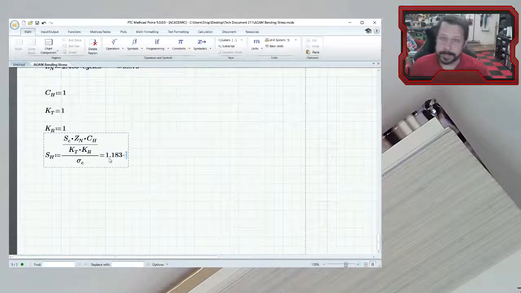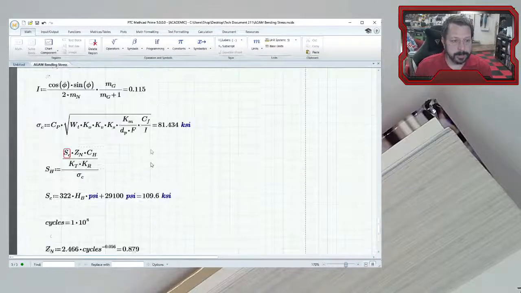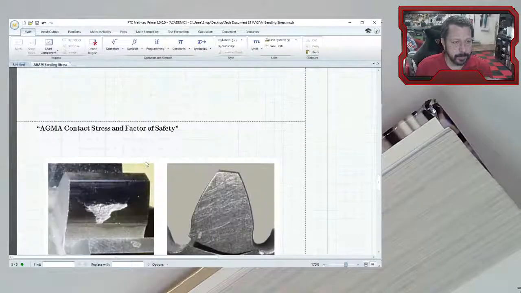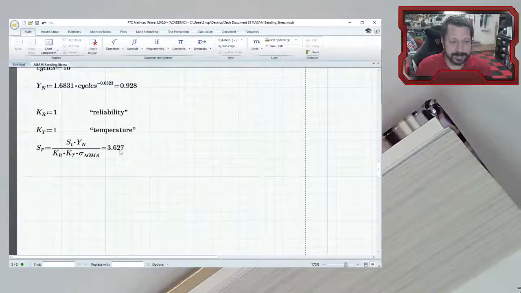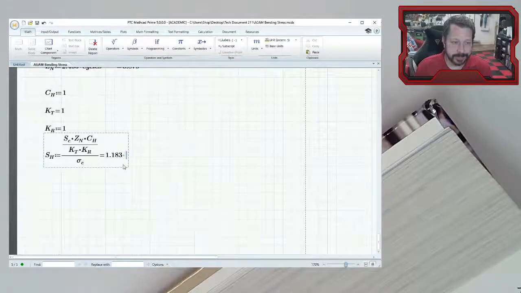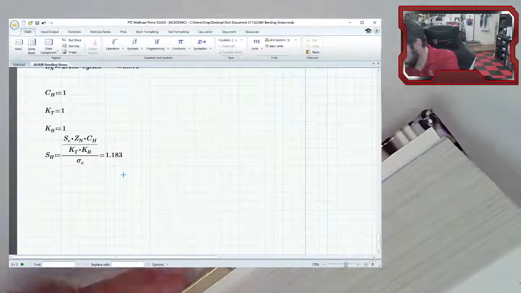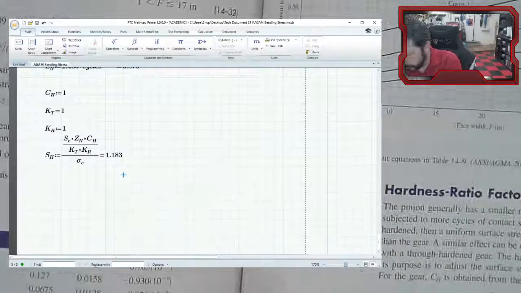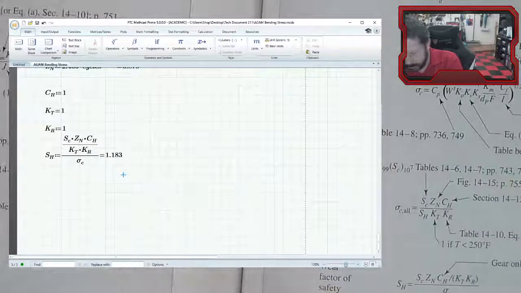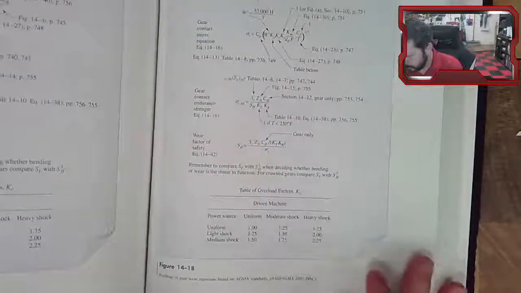So it is greater than 1.2, but it is much less than our factor of safety against bending, which was 3.627. Against this contact stress, 1.2. Now you do have to be careful with this, and they even make a note of it in your book on pages 758 and 759.